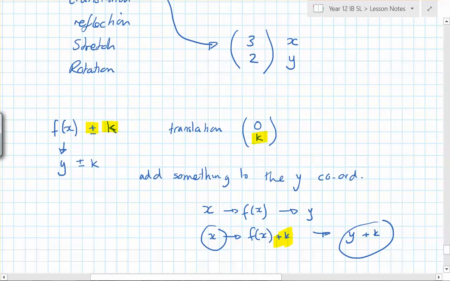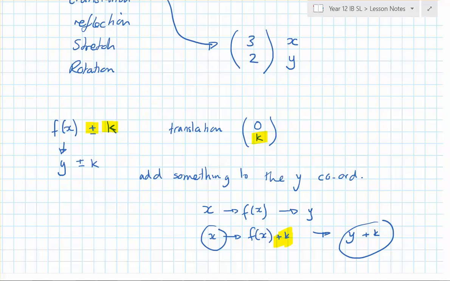So if it's plus k, the graph will move up. Sorry, okay, it moves up.